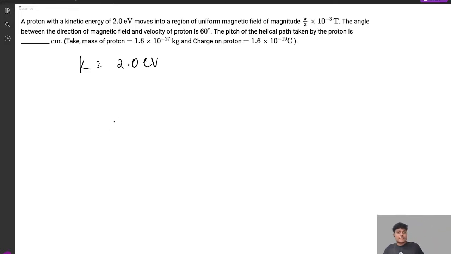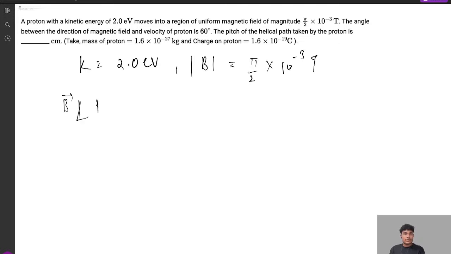Okay, it is visible. 2.0 electron volt, okay, our kinetic energy is 2 electron volt, moves into a region of uniform magnetic field of magnitude, that is magnitude of magnetic field is pi by 2 times 10 raised to power minus 3 Tesla, right? The angle between the direction of magnetic field and the velocity of proton, means angle between velocity and magnetic field is 60 degree.